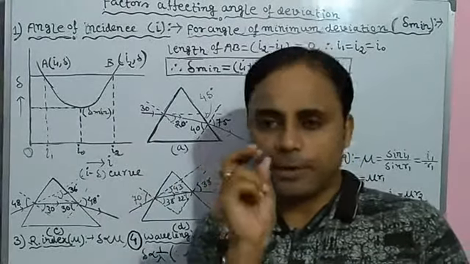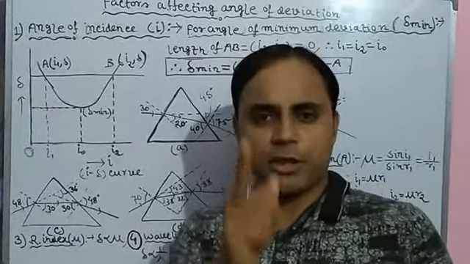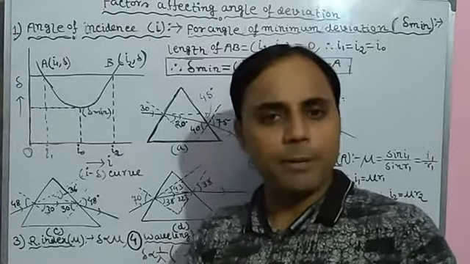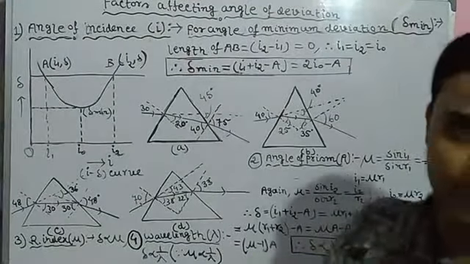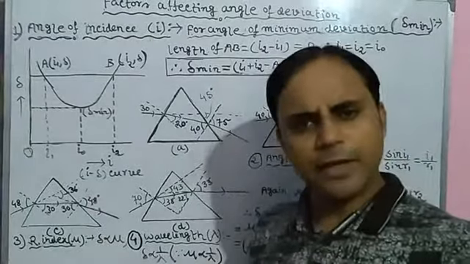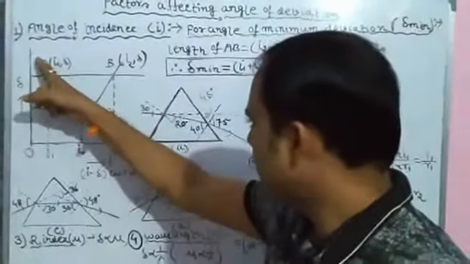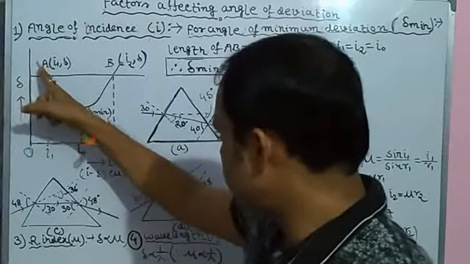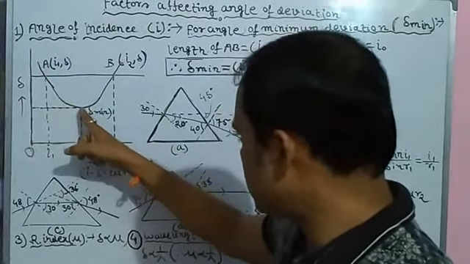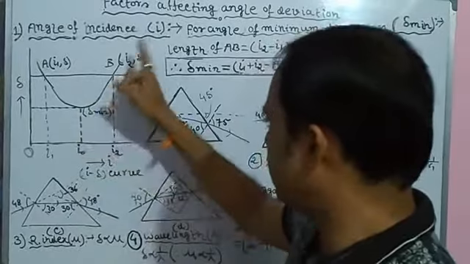So for a single position, this deviation will be minimum, and this is called the angle of minimum deviation, and the position of the prism is called the position of minimum deviation. Clear? Very easy. With the increase of the angle of incidence, deviation is decreasing. Then at this point it reaches the minimum value, then again it increases.